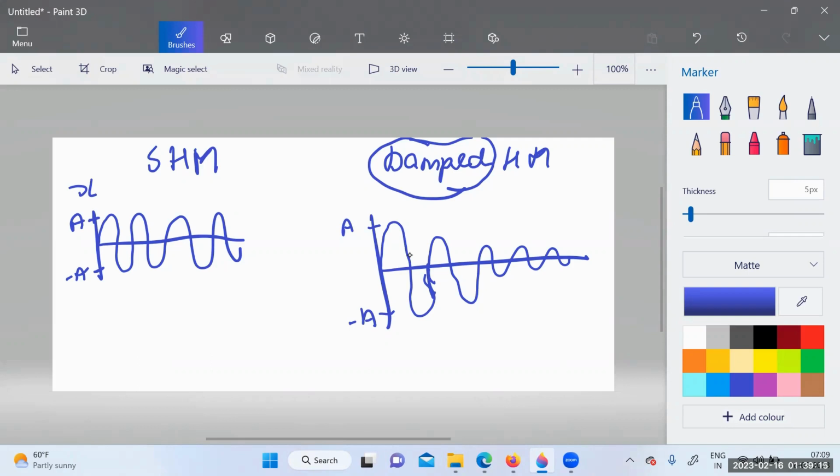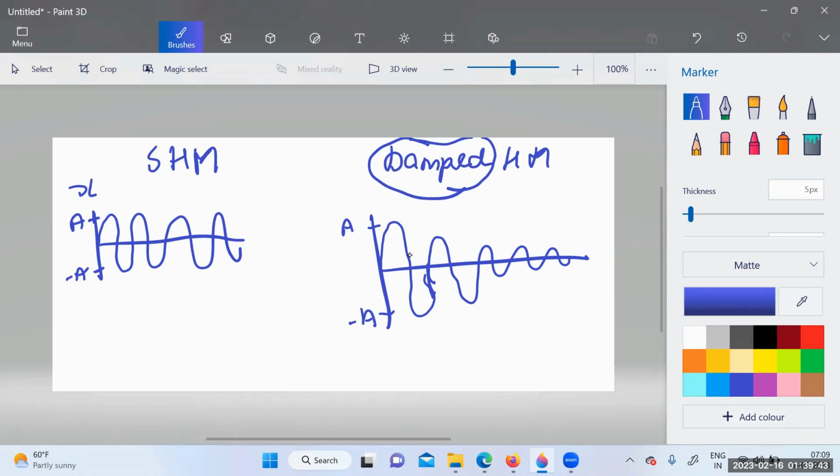And one more example: shock absorbers in your cars and vehicles. You've heard of them, right? What's the main purpose of that? Whatever the force which is acting on the vehicle, the impact of that must be reduced before reaching the driver or whoever is traveling in that particular vehicle.